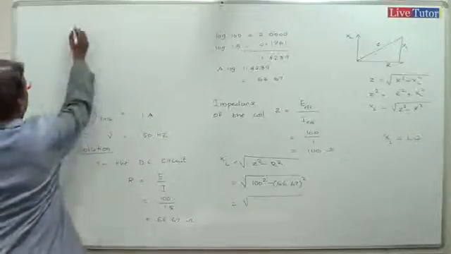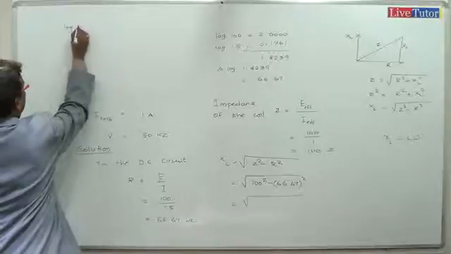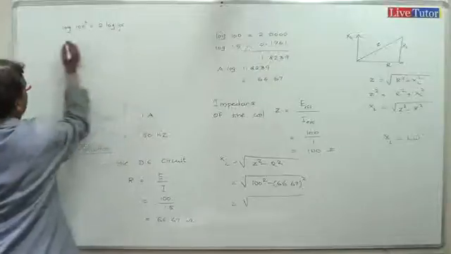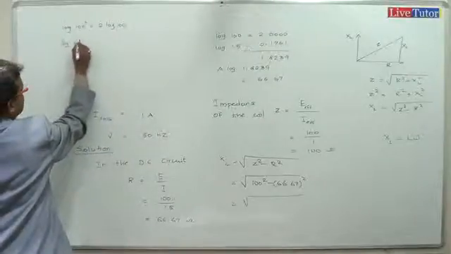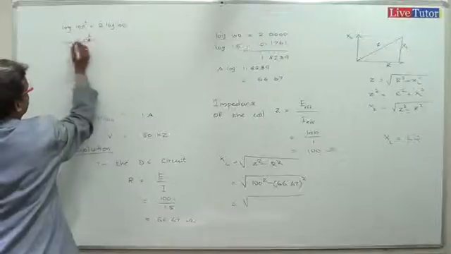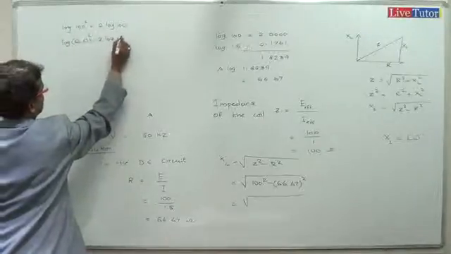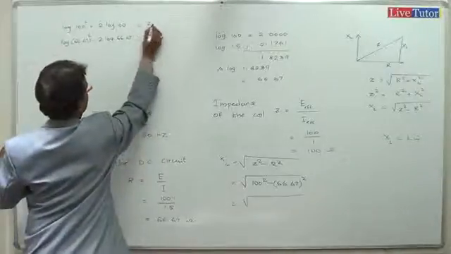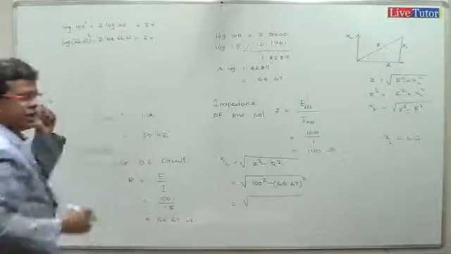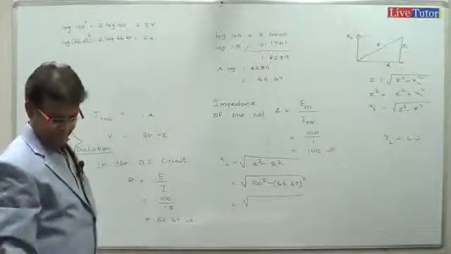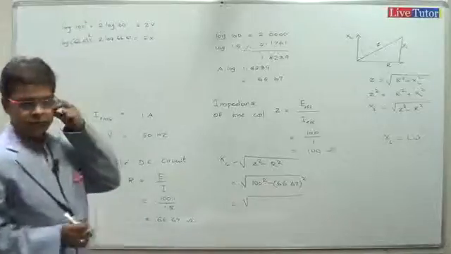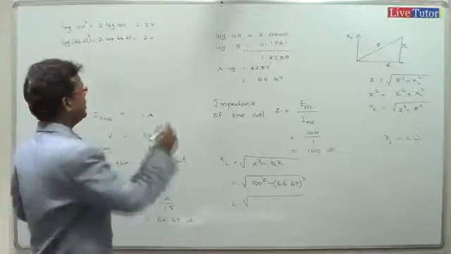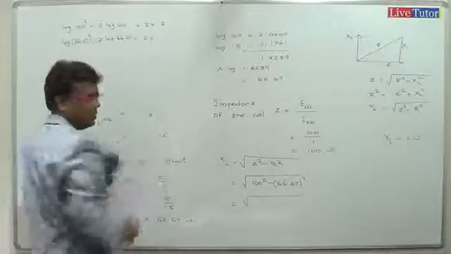See here, log 100 square, I can write this as 2 log 100. And similarly, log 66.67 square can be written as 2 log 66.67. That can be written as 2 into log 100. What is log 100? 2.0000.